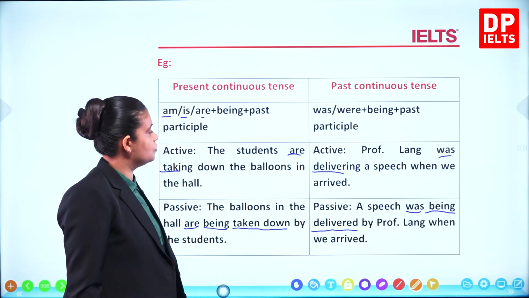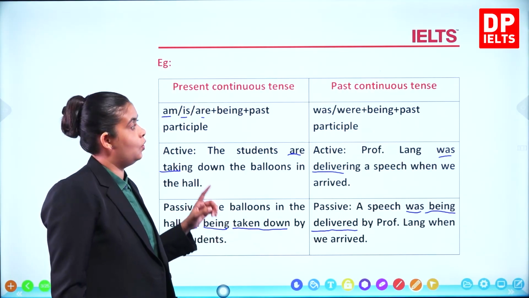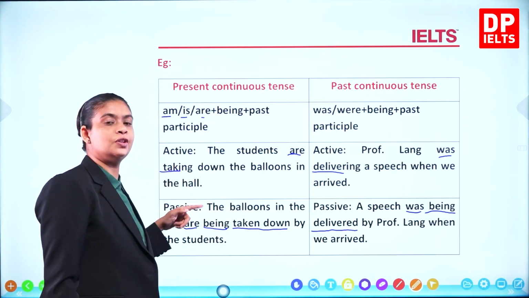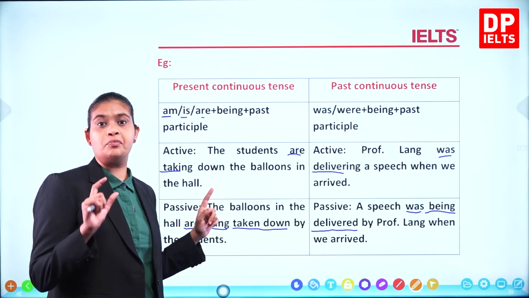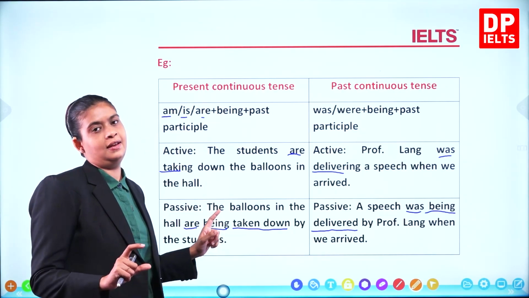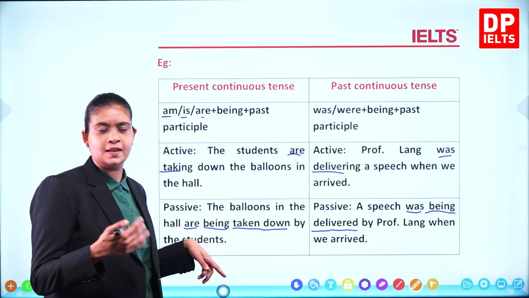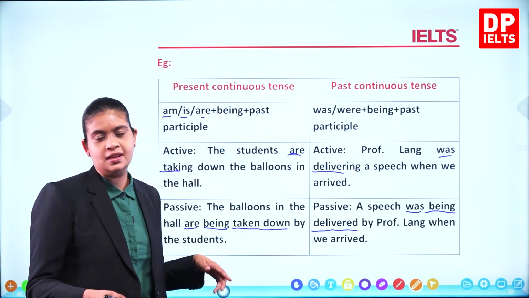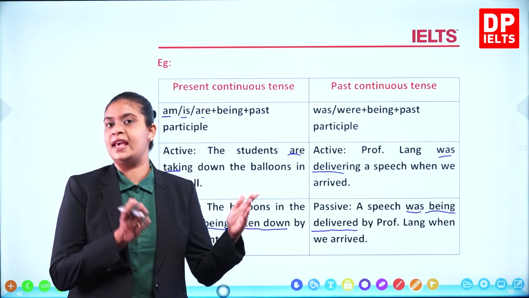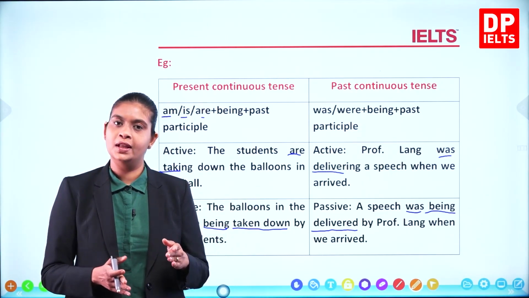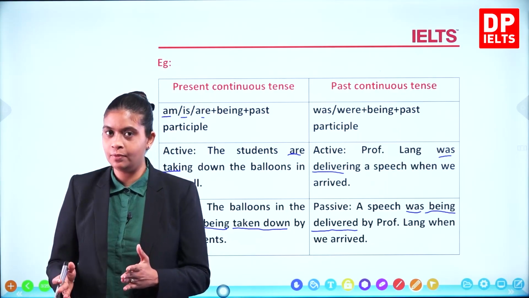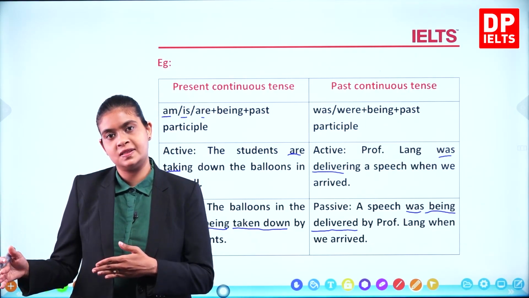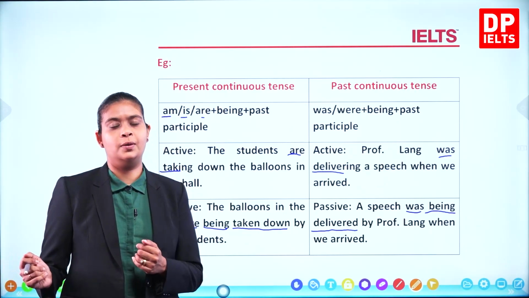Clear? So, when an active voice changes into the passive voice, if it is a present tense active voice sentence, when it changes into passive voice, it is the be verb, which is am, is or are, plus being, B-E-I-N-G, plus the past participle of the main verb.